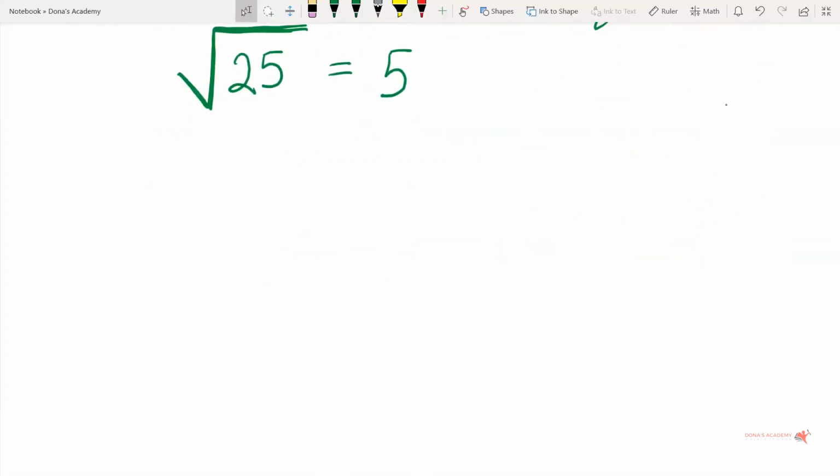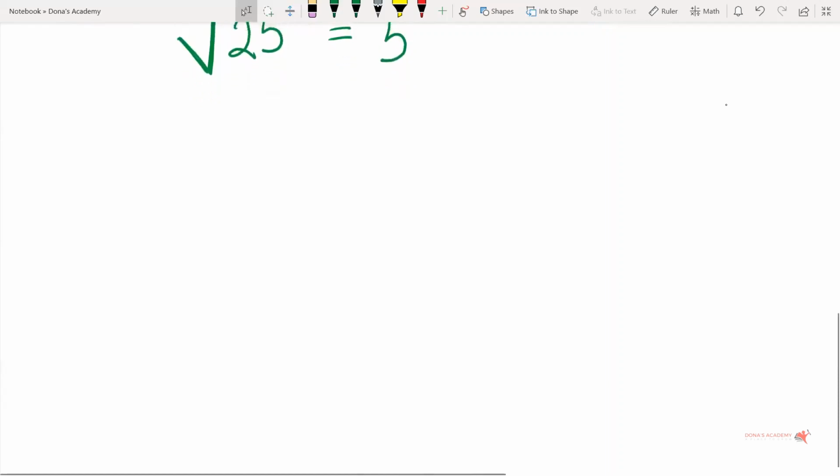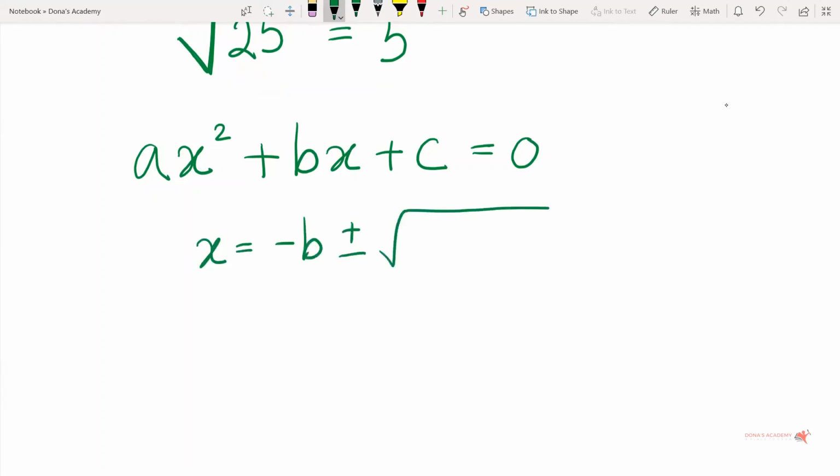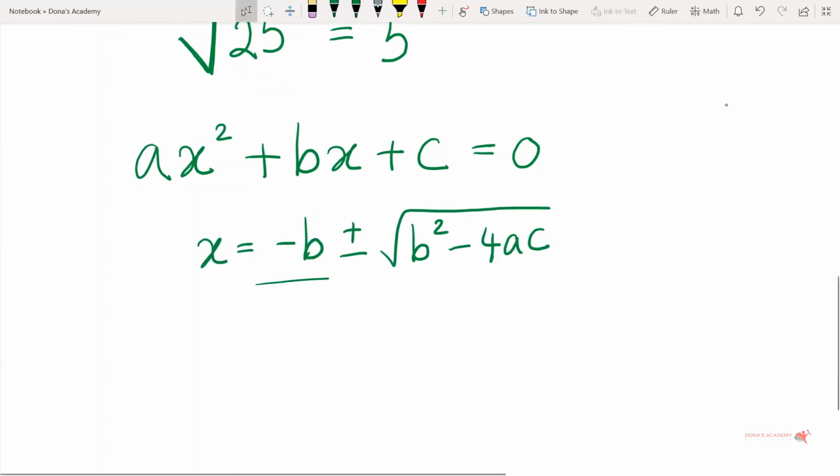Let me recall the solution formula of a quadratic equation. If you are given a quadratic equation of the form ax square plus bx plus c equals 0, where a is non-zero, then the solution formula is negative b plus or minus the square root of b square minus 4ac, divided by 2a.